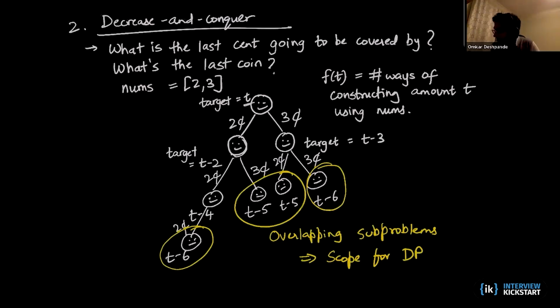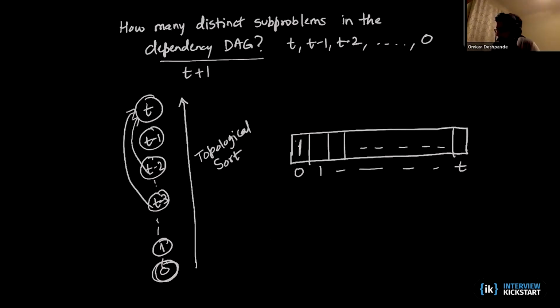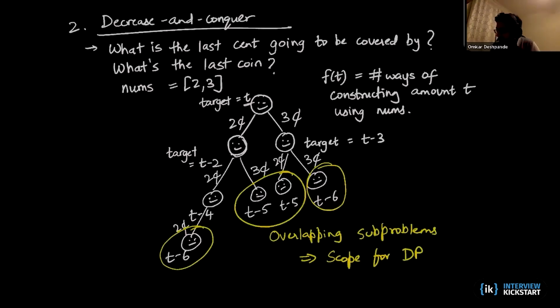So if we were to write f of t more formally as a recurrence, just like here with two values in our nums array, we would subtract those two values from our target t and compute the solutions for those two smaller subproblems and add them together.